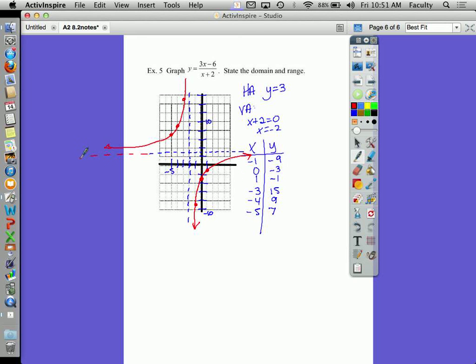So remember, if you have to go back and extend asymptotes, you just extend it after the fact. It's okay. So when you're done, check it with mine.